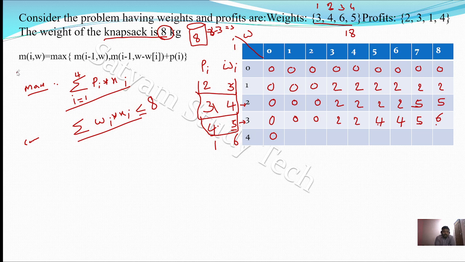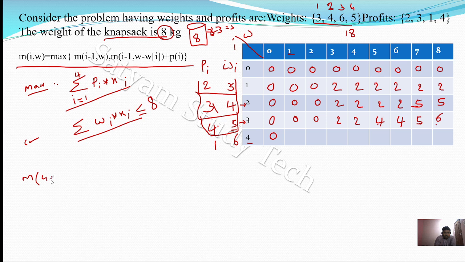Now by using the formula, you can fill this table. Here in these 4 rows, I can fill it without using the formula. Now you can see how to use this formula to fill this row. Here the i value is 4 and w is 1.